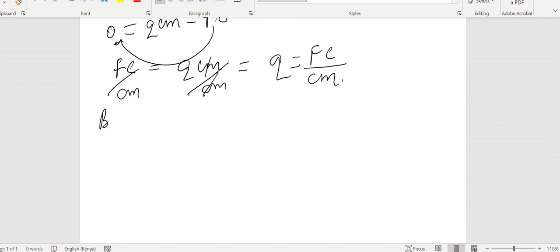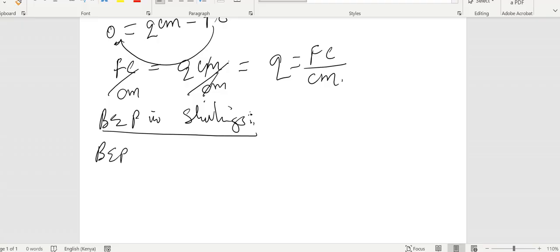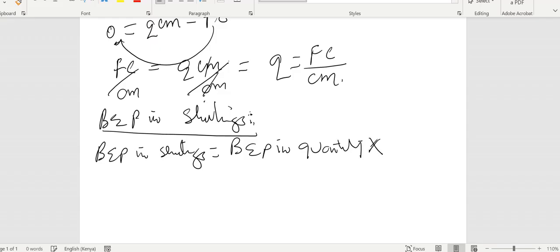Then what about if we are asked the break-even point in shillings? In shillings, they are looking at the revenue. So to get the break-even point in shillings, you take the break-even point in quantity and multiply by the selling price.